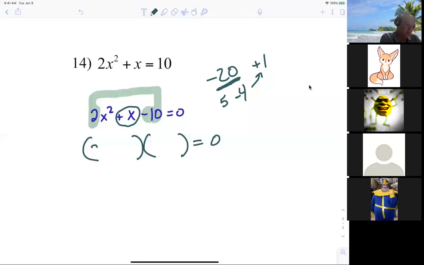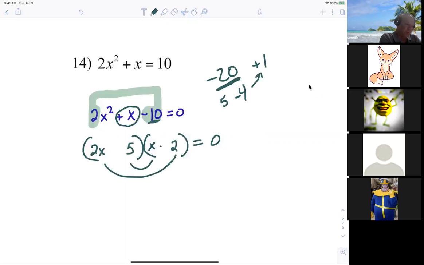So we're going to go 2x and x, 4 and 5. Right. So we're going to definitely put the factors of 10, I'm sorry. The factors of 10 are 2 and 5. So the 2 cannot go on the left, 2 has to go on the right. 5 goes on the left. Now we're going to check, remember, that's positive 5 and 4.